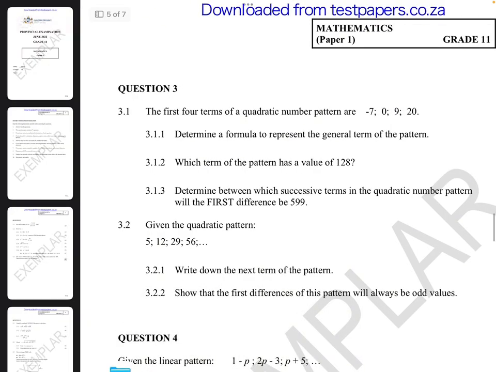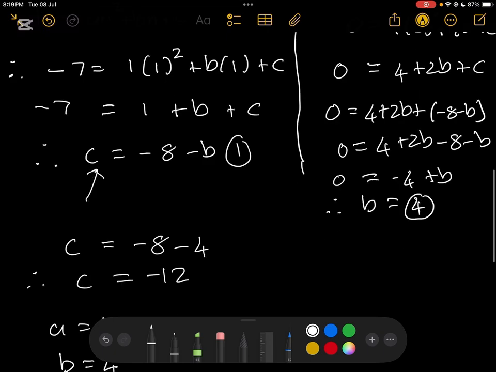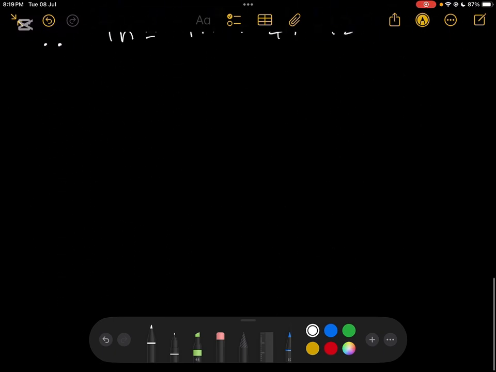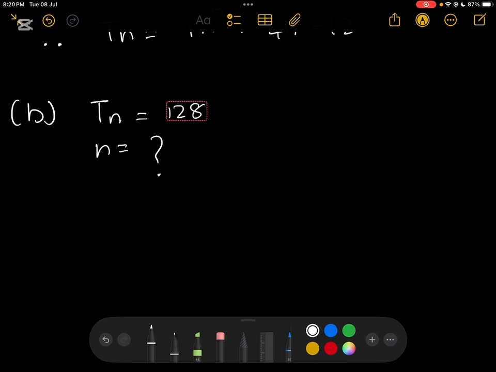Okay, so they say which term of the pattern has a value of 128. Tn equals 128. N is equal to what?